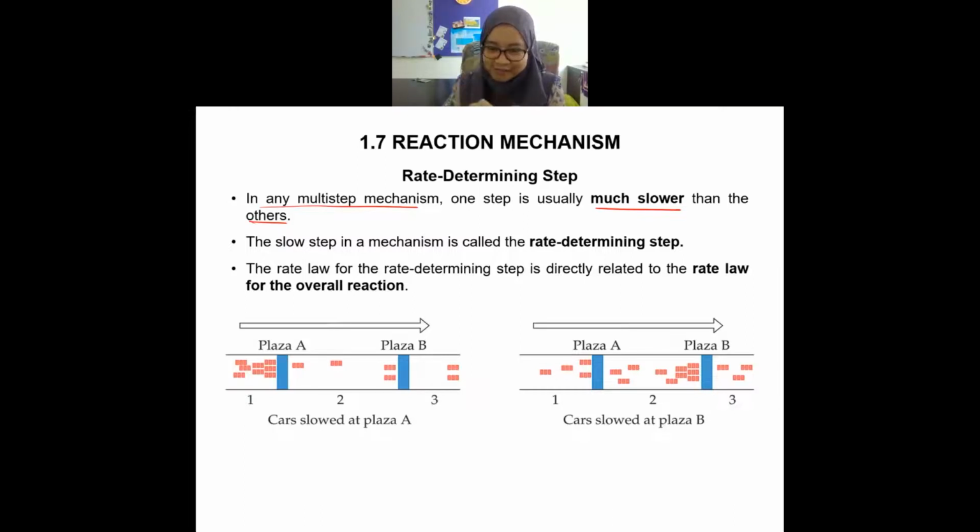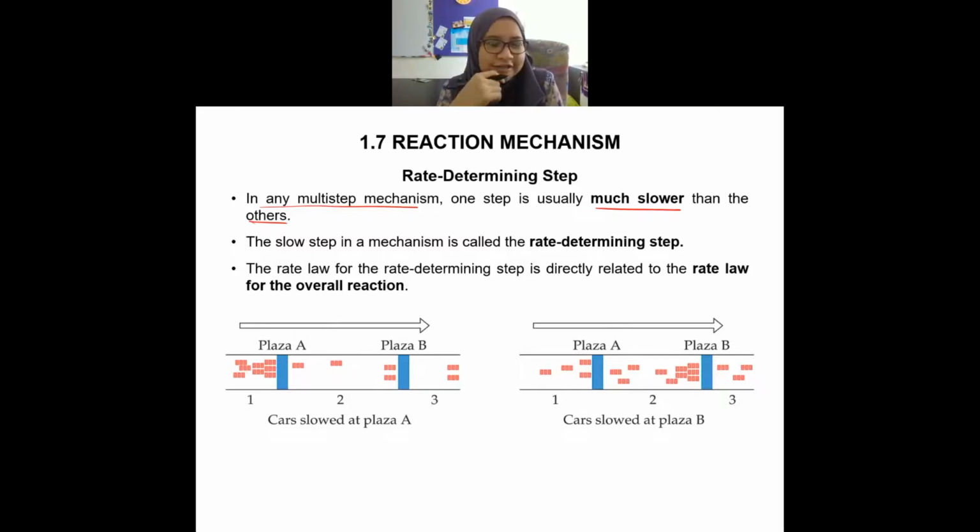Kalau dia slow, the slowest one, then the rate of the relay tu akan jadi slow because of her. Itu maksudnya dia sebenarnya dia slow tapi dia penentu the whole rate of the reaction. Dia penentu kemenangan group 4 orang yang berlari tu.